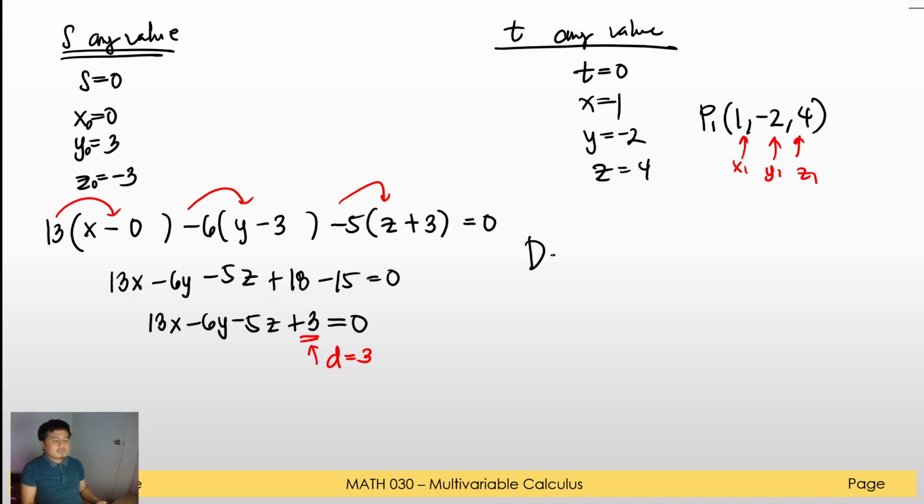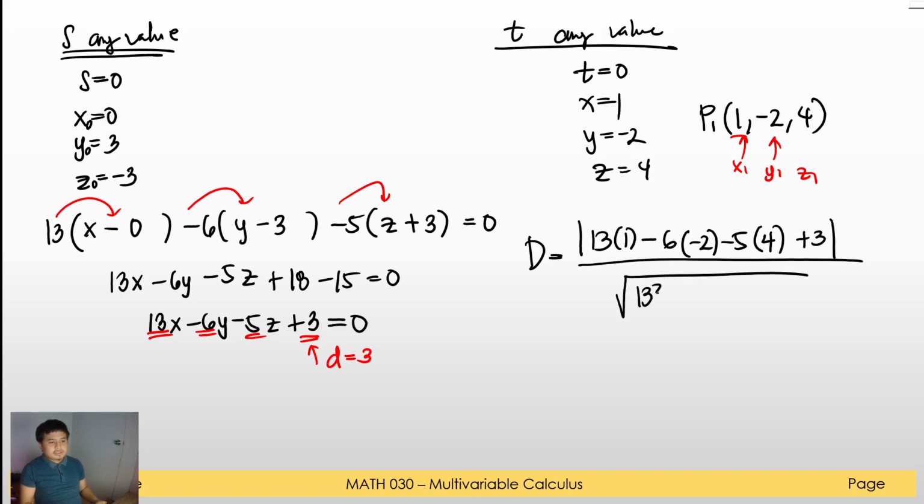Therefore, we could solve this distance now, which is the absolute value of ax1 plus by1 plus cz1 plus d. So a is equal to 13, x1 is equal to 1, so 13 times 1, minus 6 times y1, which is -2, and then -5 times 4, and then d is 3, so plus 3, absolute value of that, over the square root of 13 squared plus -6 squared plus -5 squared, which will become positive anyway.